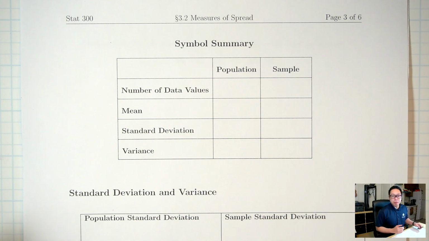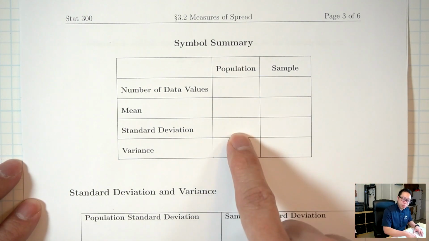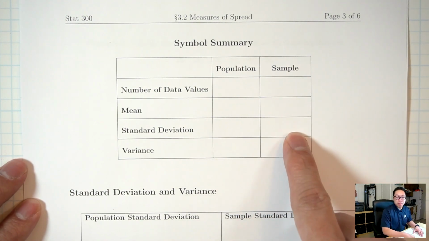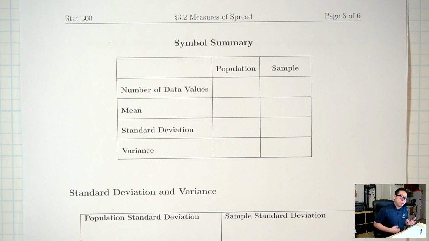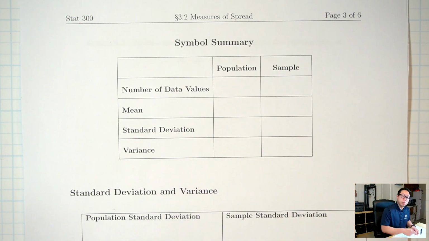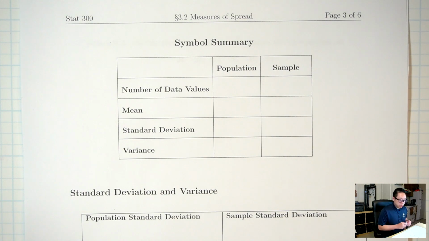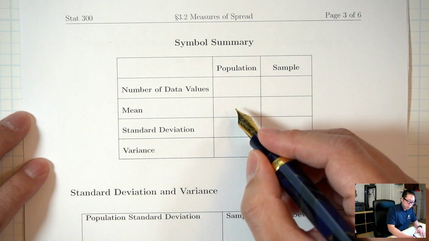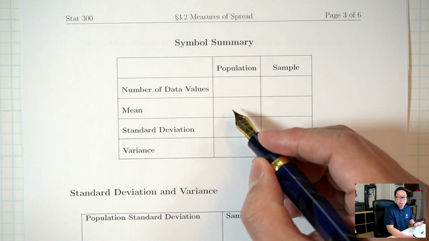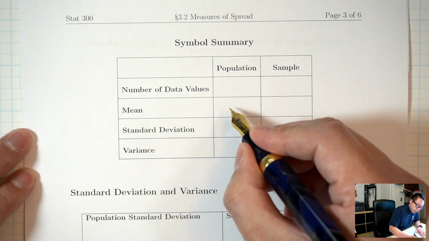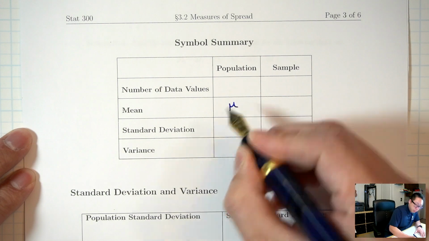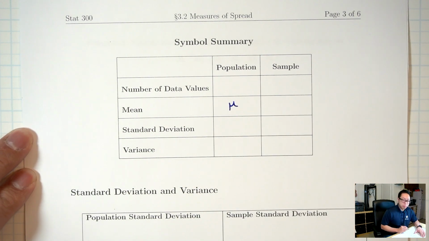For everything we talk about in this class, there's usually a population version and a sample version, right? If you do the calculation on everybody in the population, it's going to be the population version. If you do the calculation on a smaller subcollection, it's called the sample version. Let me start off with the mean. If you calculate the mean using data from everybody in the population, the symbol is mu, the Greek letter mu.